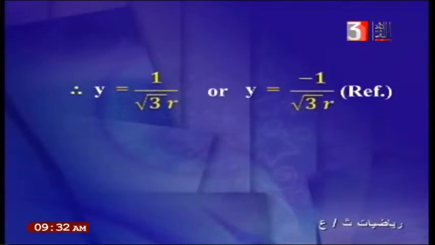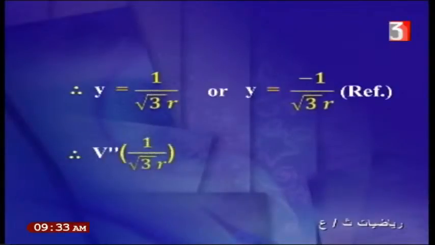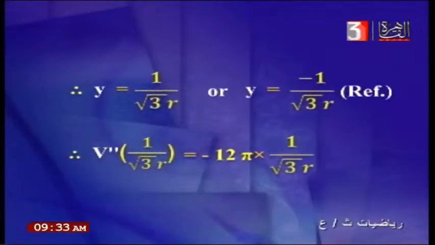Then we use the second derivative test and substitute in V double dash. Then V double dash at 1 over root 3 r equals negative 12 pi multiplied by 1 over root 3 r. This value is a negative value. When V double dash equals a negative value, then the function has a maximum value.